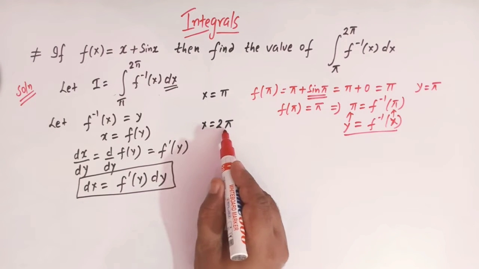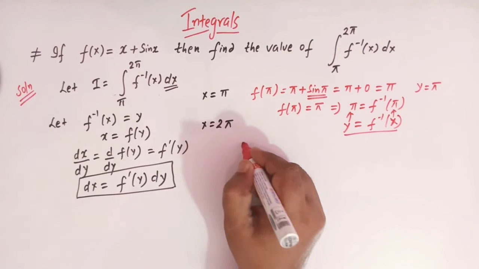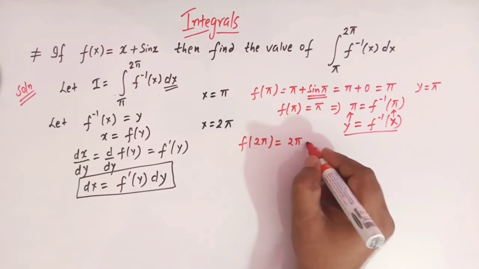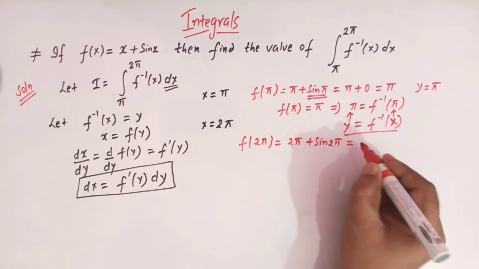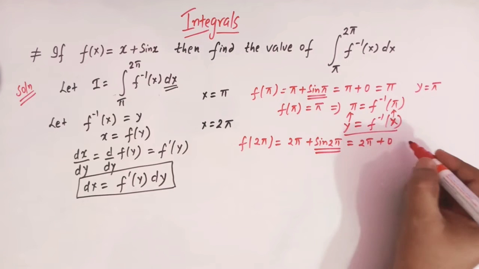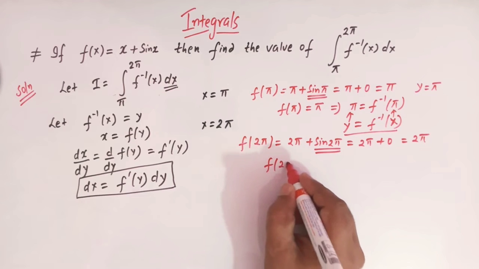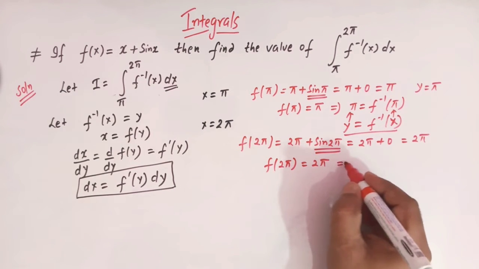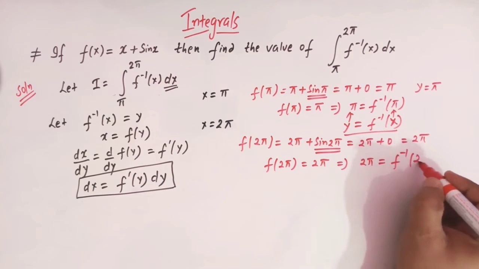Similarly, when x is equal to 2 pi, let us substitute it over here. We'll get f of 2 pi is equal to 2 pi plus sine of 2 pi, and sine of 2 pi is 0, so we'll have 2 pi plus 0, that is equal to 2 pi. So we have f of 2 pi is equal to 2 pi, and this expression can be written as 2 pi is equal to f inverse of 2 pi.